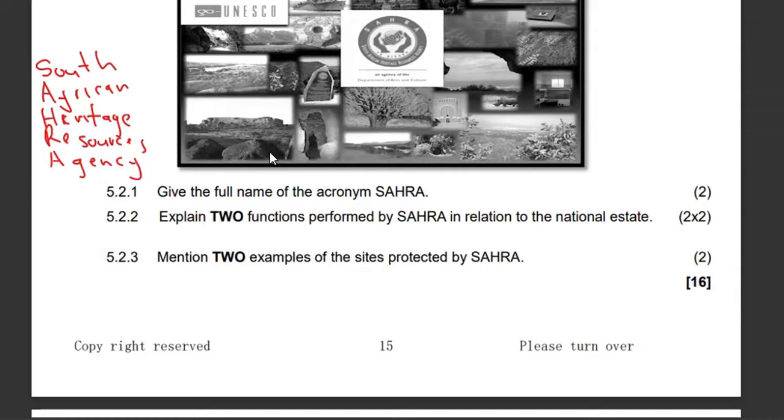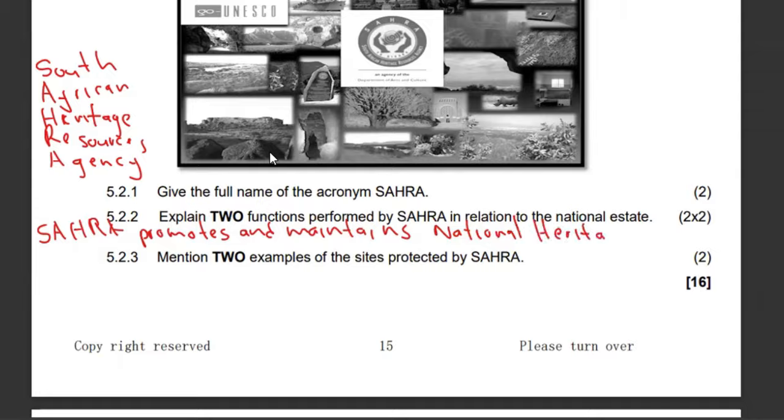Then explain two functions performed by SAHRA in relation to the national estates. It promotes and maintains national heritage sites.